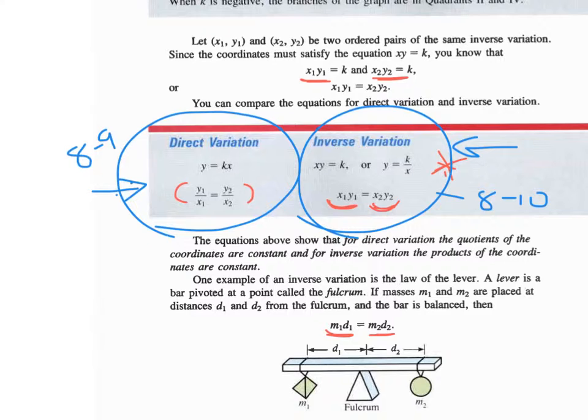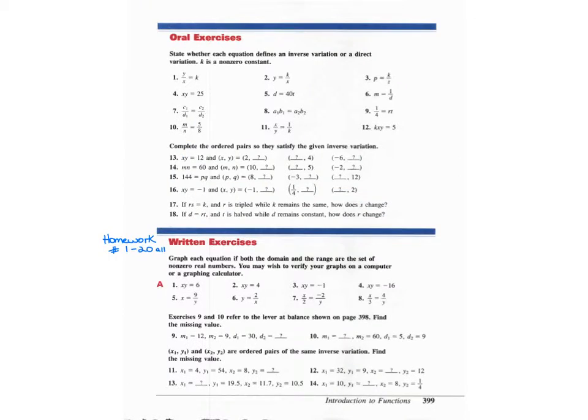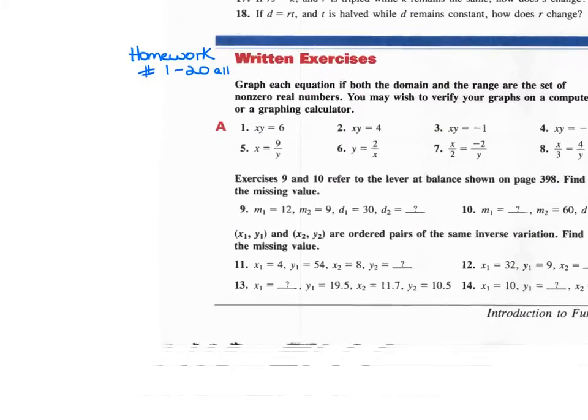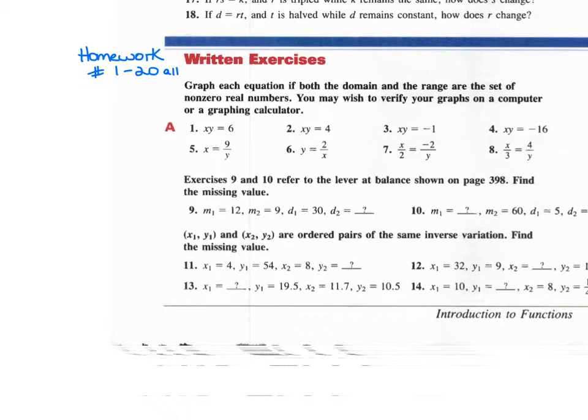The key to these lessons is going to be this, and then watching the wording. So your official homework tonight is just the 8-9. You're doing 1 through 20 all. Oh, you're actually going to have to graph these. For the graphing, you're going to make a table of values when you do this tomorrow. You're going to plug in negative and positive values so you can get the hyperbola shape.